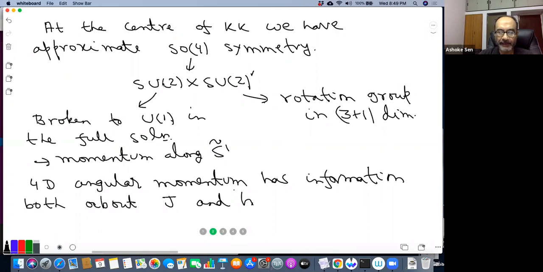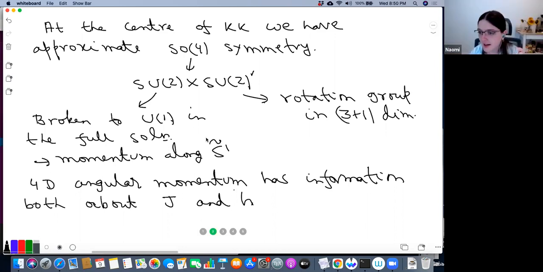The other one has the information about the S1 tilde momentum. So you have to look at a given fermionic oscillator, see which SU(2) quantum numbers it's carrying, and this may either give h or it may give the j. Okay, thank you. Is that point clear? Because the fermions are spinors of SO(4), right? So depending on what kind of spinor it is, they can carry either this quantum number or that quantum number, and that's what you have to keep track of when you do the counting.